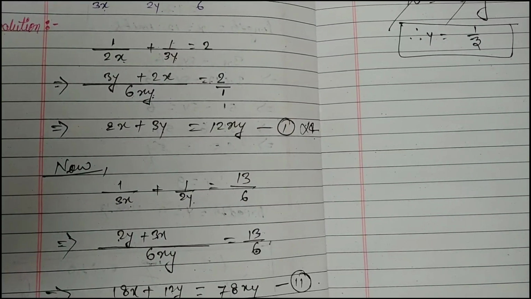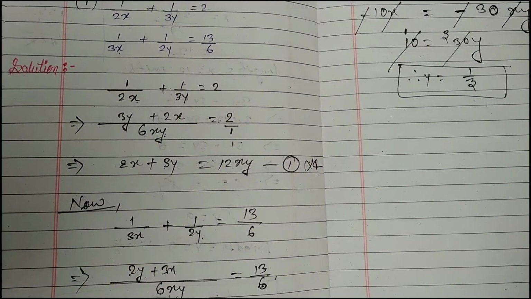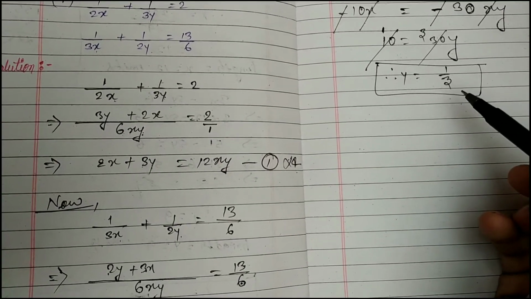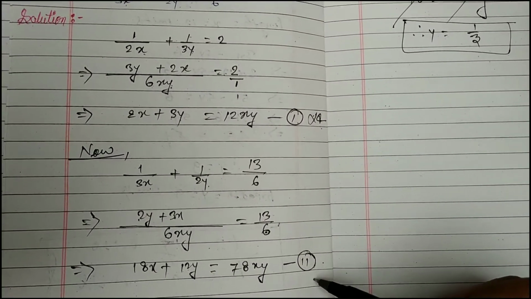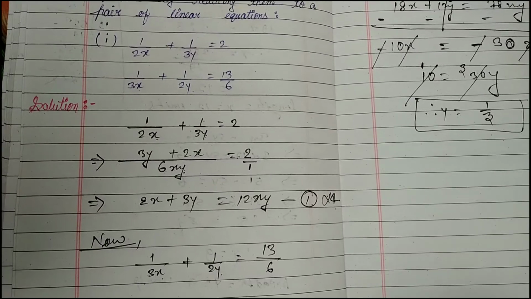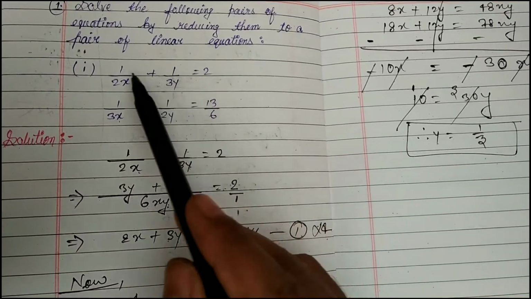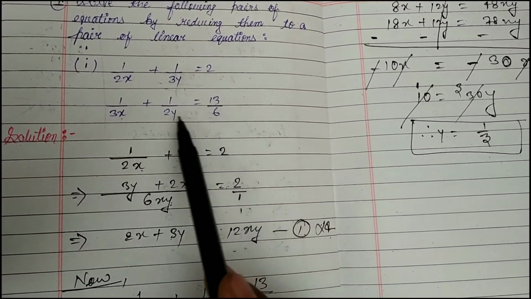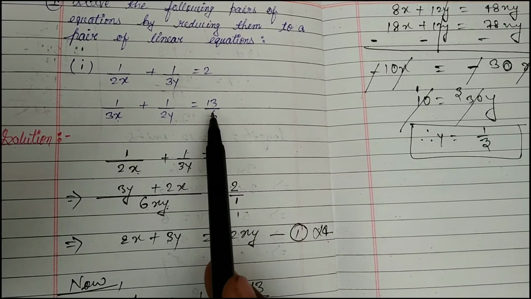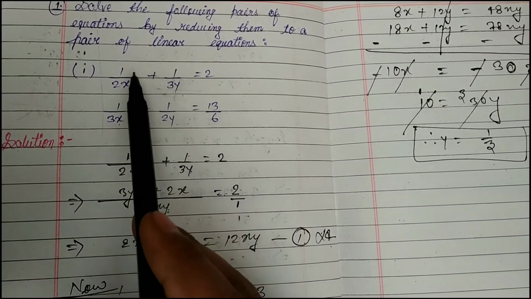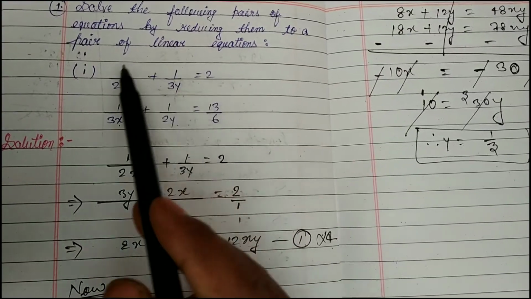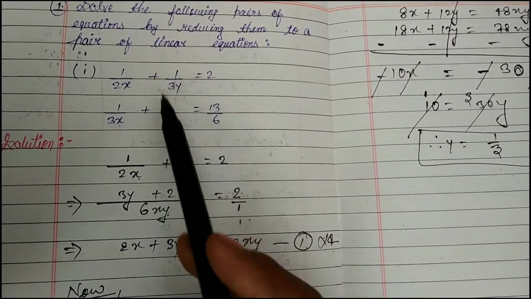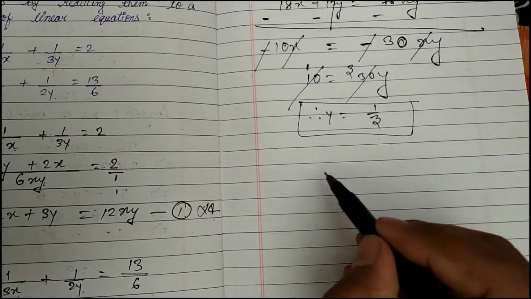Otherwise you can also do one thing. You can directly put the value of y in either equation. So I am going to put the value of y in the first equation.